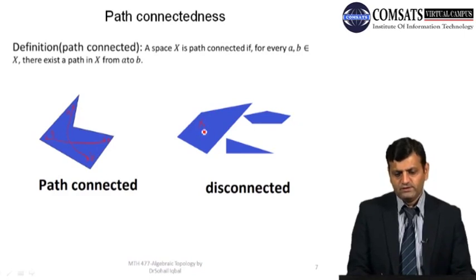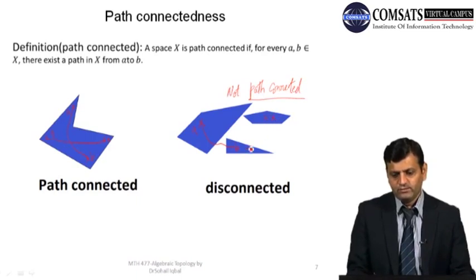Let's say this is the point A and this is the point B. There is a path from A to B, but it is not contained in the space. So it is not path connected. Similarly, if I have some point over here, let's say X, and some point over here, Y, there is no path inside this space from X to Y.